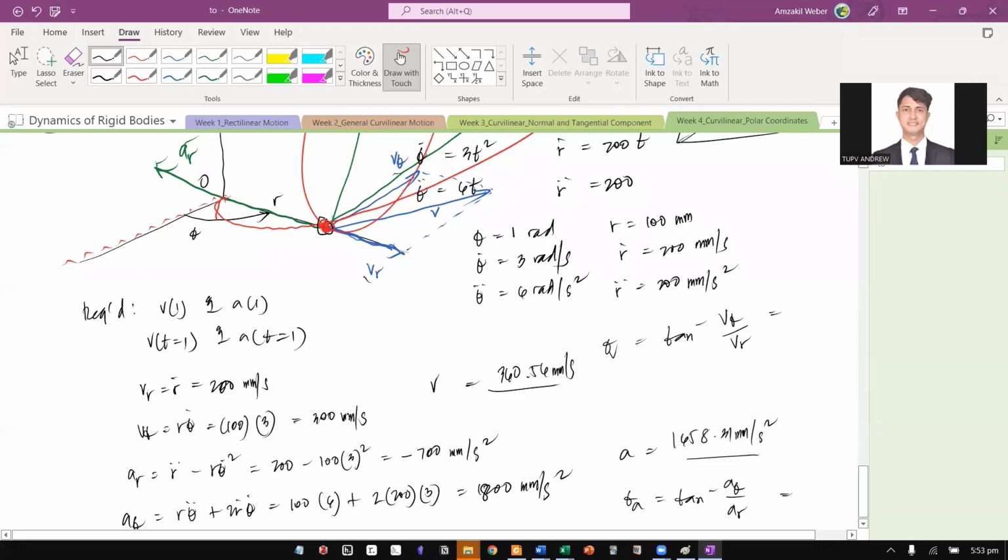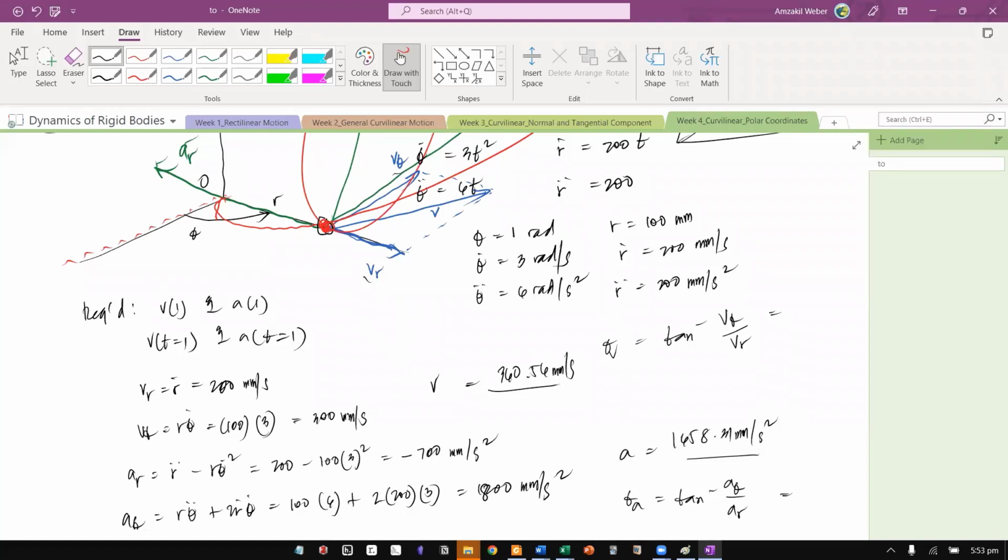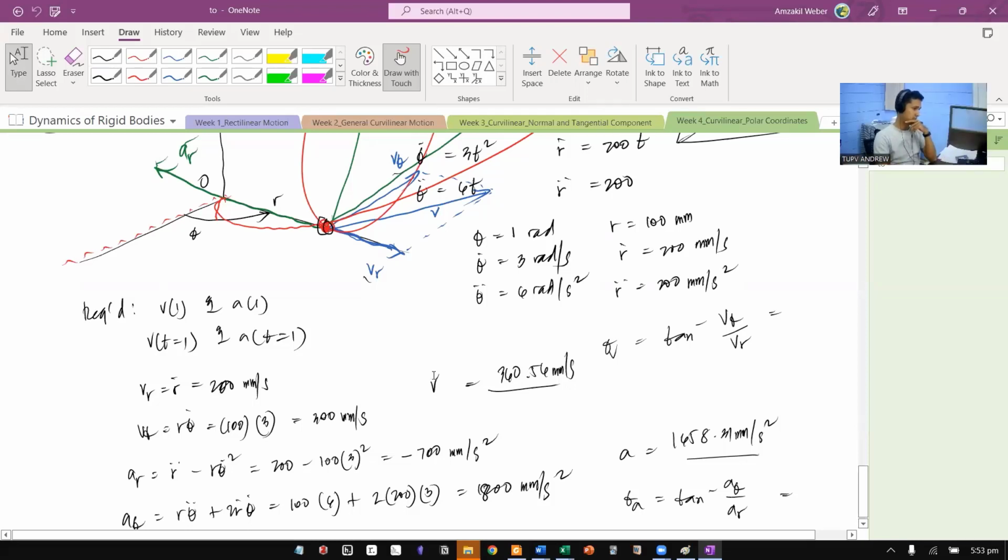What about the angle? The angle for velocity and the angle for acceleration. Because the question is velocity and acceleration, therefore we must give magnitude and direction. Wrong na siya kung magnitude lang ang value. Hindi na siya acceptable.